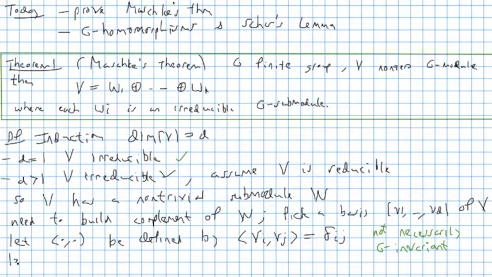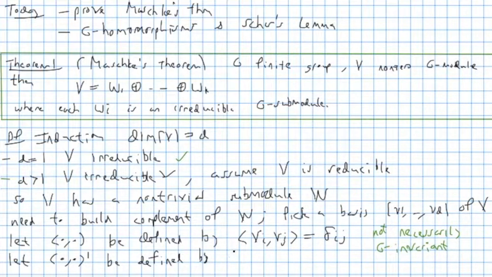I'm going to call that the inner product prime, and I'm going to define it by averaging out the other inner product over the whole group. So what do I mean by that?